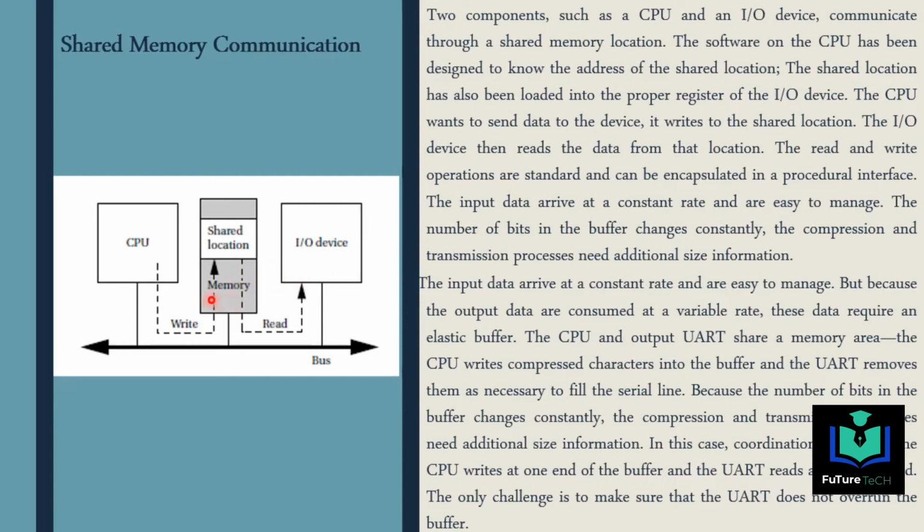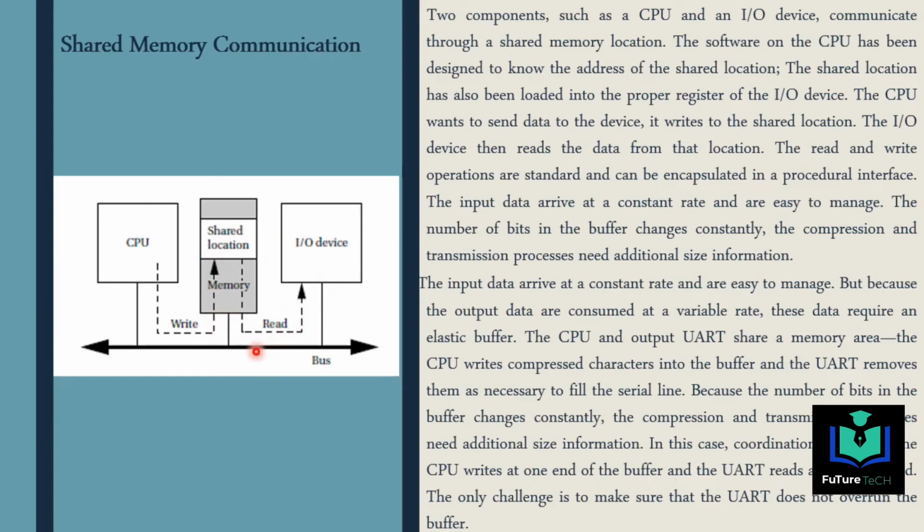The CPU wants to send data to the IO device, so it writes to the shared location. The IO device in turn reads the data from the shared location. The read and write operations are standard and can be encapsulated in the procedural interface.